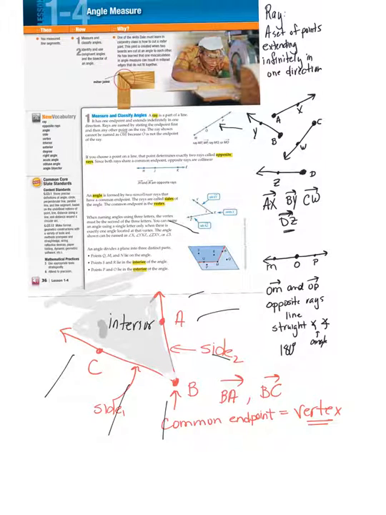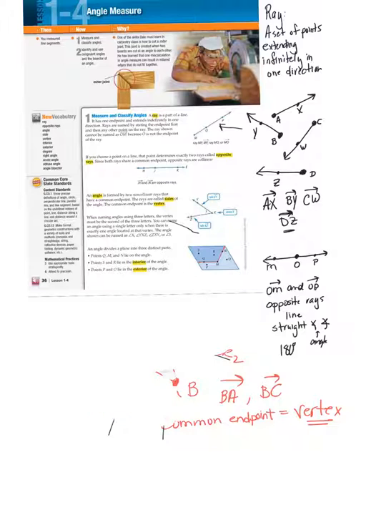Now I want to talk to you about naming the angle because this is really significant. So if you need to get these notes down, you can stop the video now because I'm about to erase some things and I want to talk about how to name an angle. It's really important.